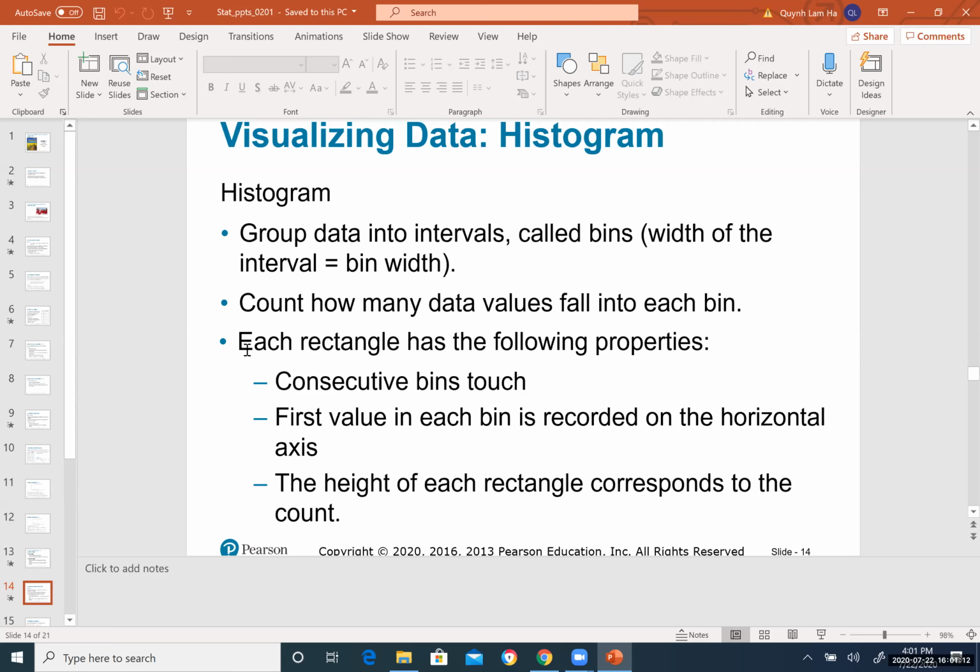Okay, each rectangle, the box, like the column, that I'm talking about, has the following properties. Consecutive bins touch. Okay, actually they should. In most histograms, all the time, their bins are touched. However, sometimes we have some data where the bins are not touched.